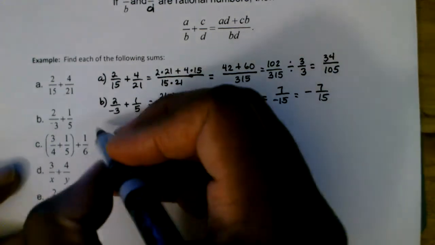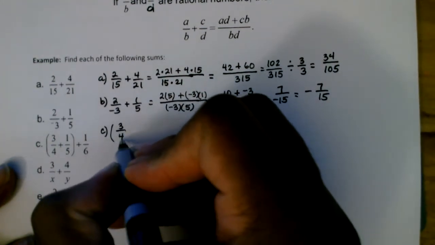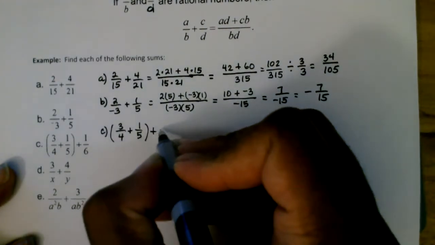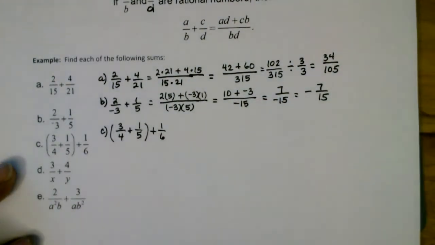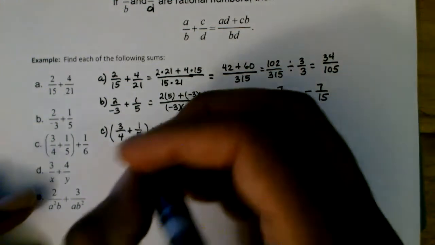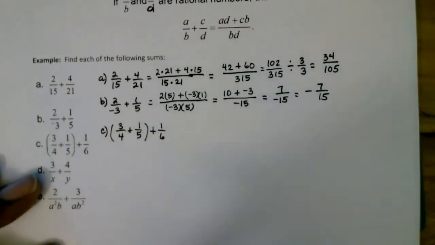Now part C. Here we got 3/4 plus 1/5 in parentheses plus 1/6. Okay, in this case, that 3/4 plus 1/5, you know what I'm going to do here?